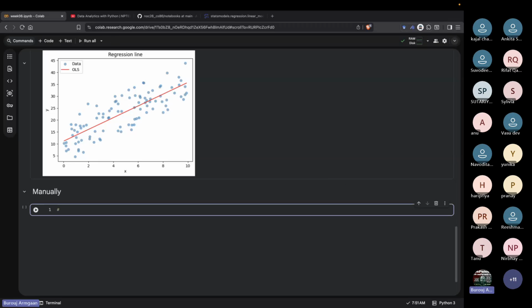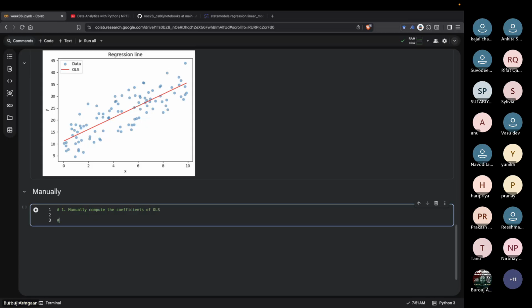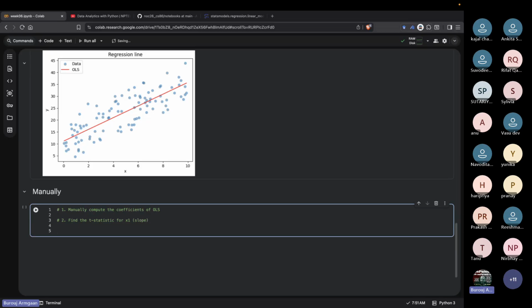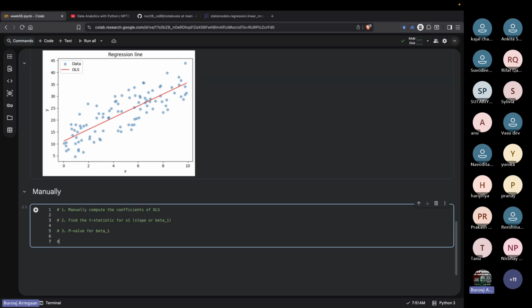So your steps would be: manually compute the coefficients of OLS, find the t statistic for x1, which is essentially your slope. Then you will find the p-value for, by the way, your x slope is also your beta 1 in our case. So we can find the p-value for beta 1.